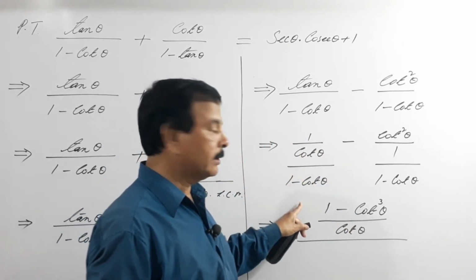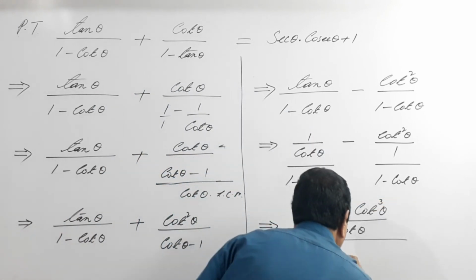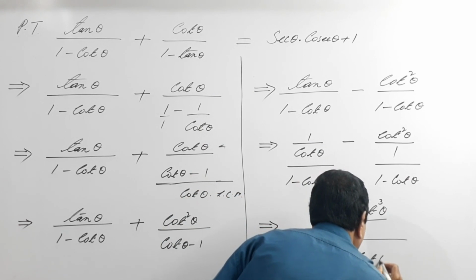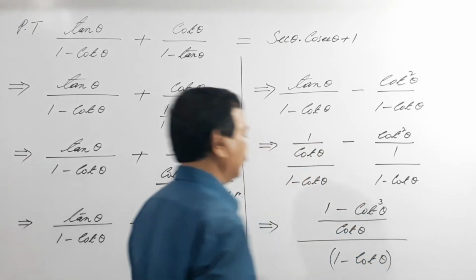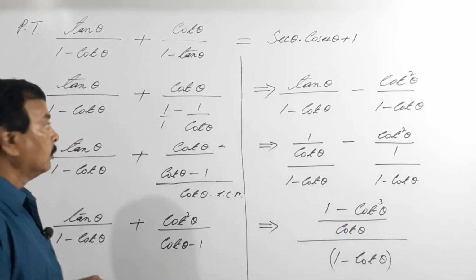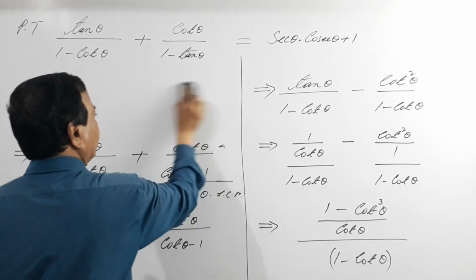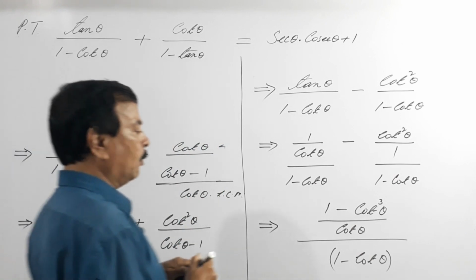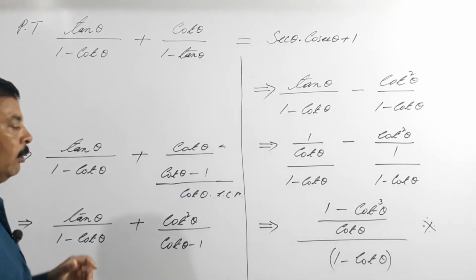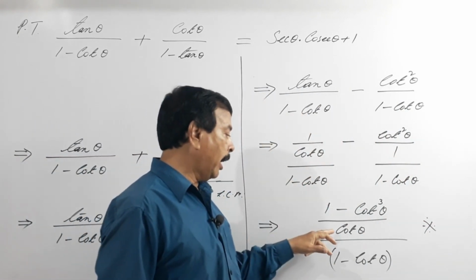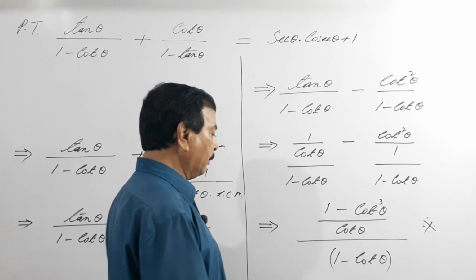now look at the base. In the denominator we have 1 minus cot theta, we have 1 minus cot theta. So I take care of 1 minus cot theta. I put this within brackets so that you do not get confused. This step is very important. Don't forget this step. Now what has happened here? We have got this cot theta in the denominator.